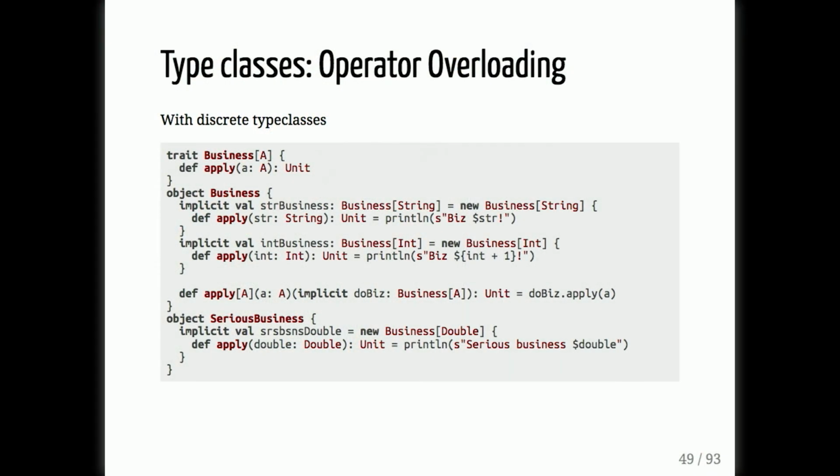You can flip that and do that with type classes. So with type classes, you create your trait again, your instances for these types, and this nice little apply syntax thing makes the syntax nice in Scala. And you can still have your serious business in a different area than your normal business.